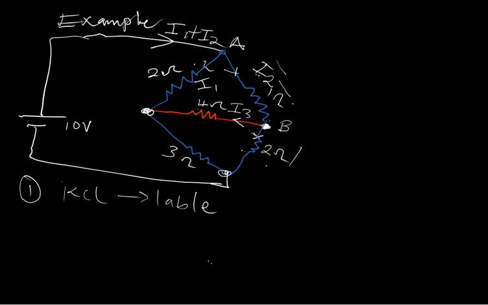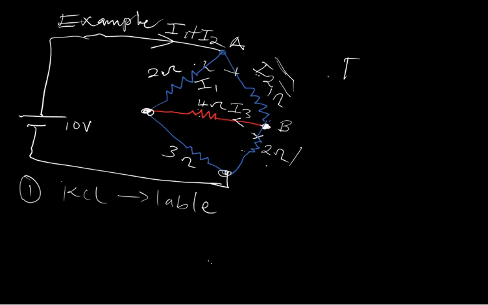Remember, according to Kirchhoff's law, the sum of the current entering the junction is equal to the sum that is leaving the junction. So I2 is the sum of the current, and part of it is passing through the 4 ohm resistor. The remainder will pass through this 2 ohm resistor.